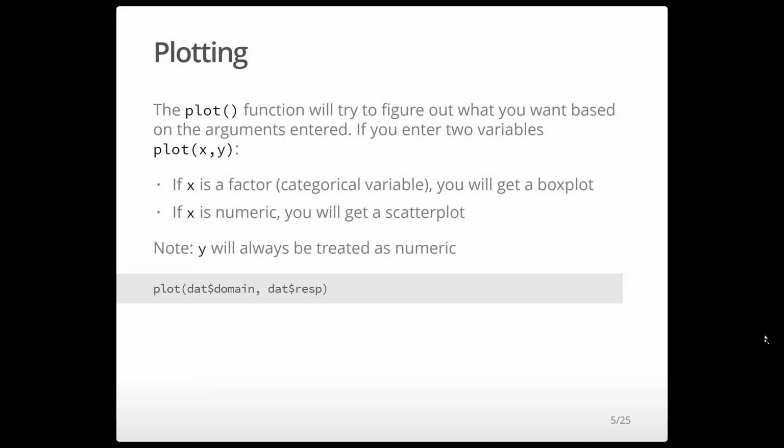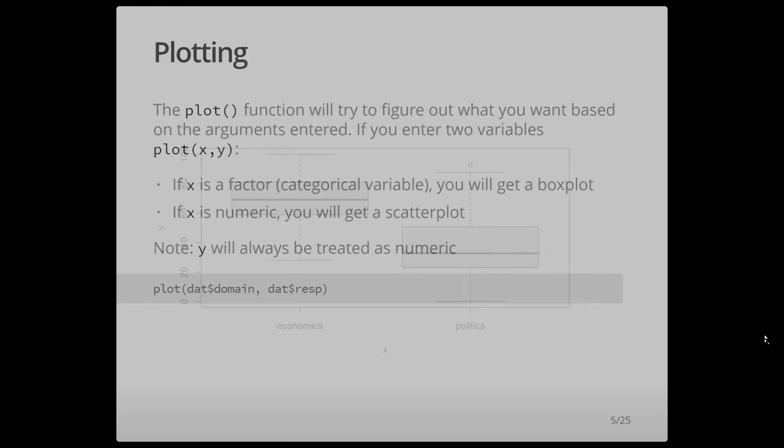And if X is numeric, you will get a scatter plot. And Y should always be some kind of numeric variable. So here we called plot for domain and RESP. Domain is a factor, economics or politics, and RESP is numeric, ranging from 0 to 100. Once again, with higher values representing more preference for statistical algorithms versus human experts.